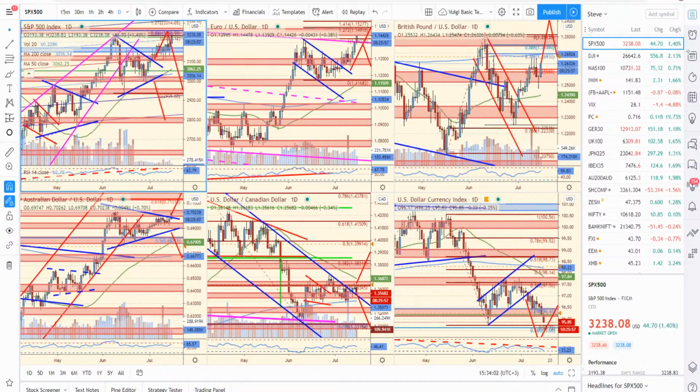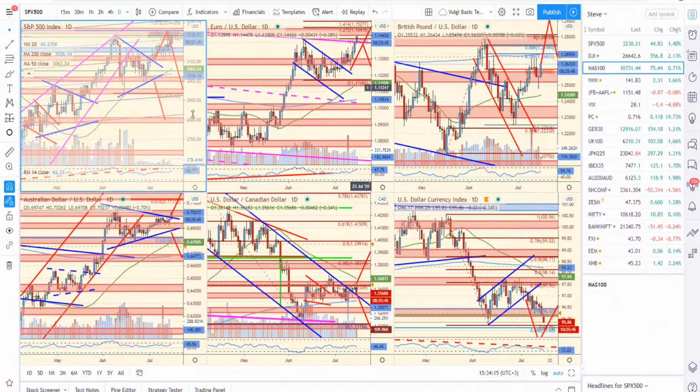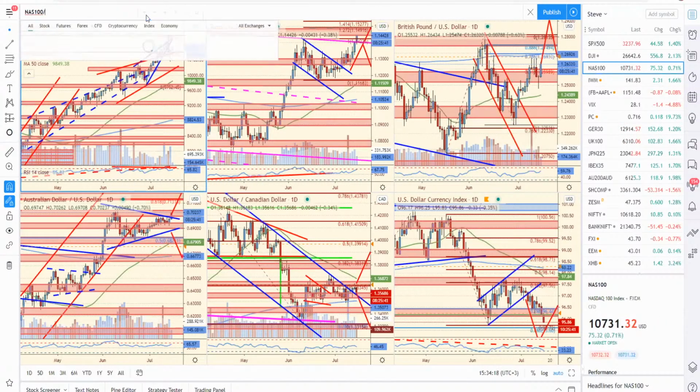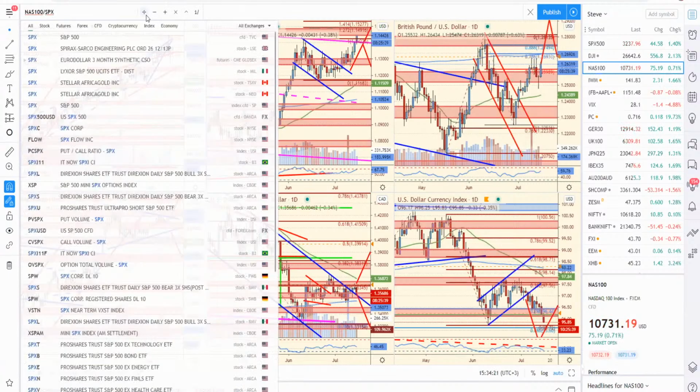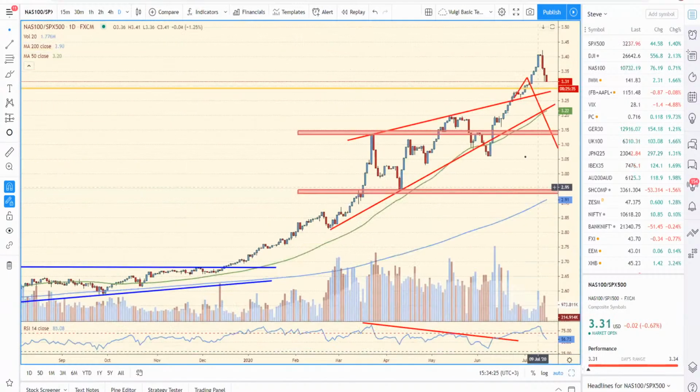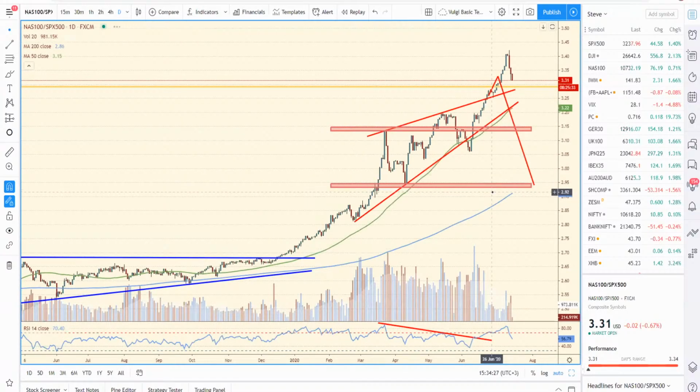Steve, I was wondering with the recent action with NASDAQ, and you were showing that chart of the spread of NASDAQ outperformance on S&P, if the last few days' action has changed, are there any cracks starting to show in that spread? That's actually a good mention, and yes, we've had a reversal now.